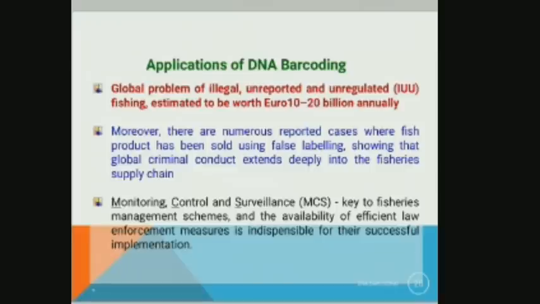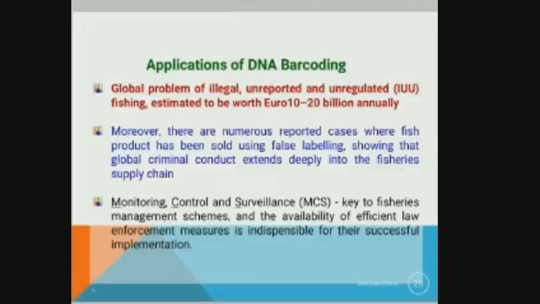Again, for species substitution, low-value fishes are substituted for high-value fishes, considering both have the same texture and other credentials. From a fishery management perspective, monitoring, control and surveillance is a key aspect.